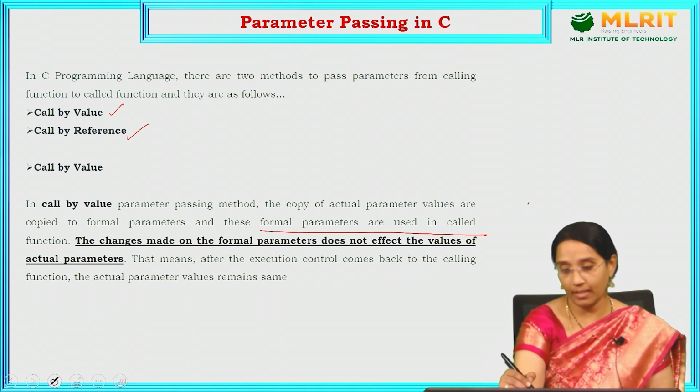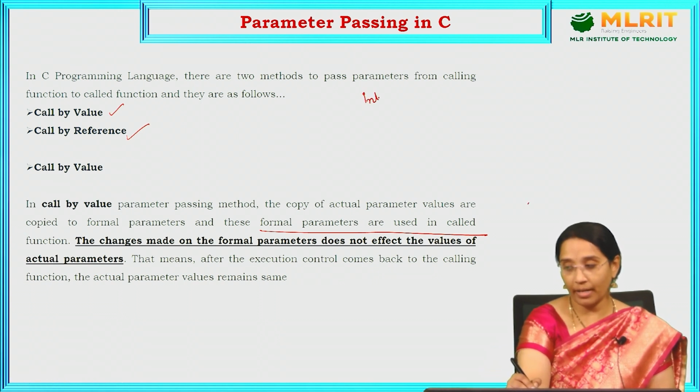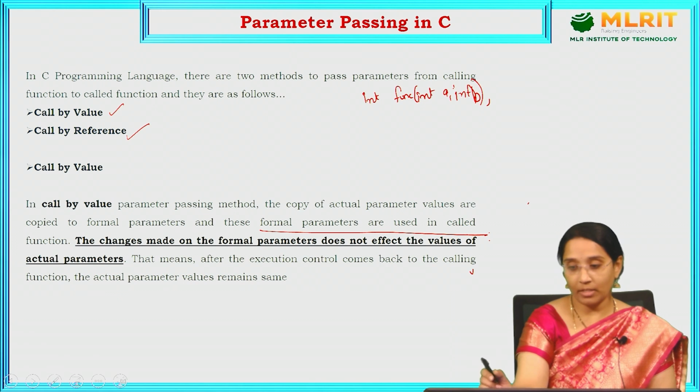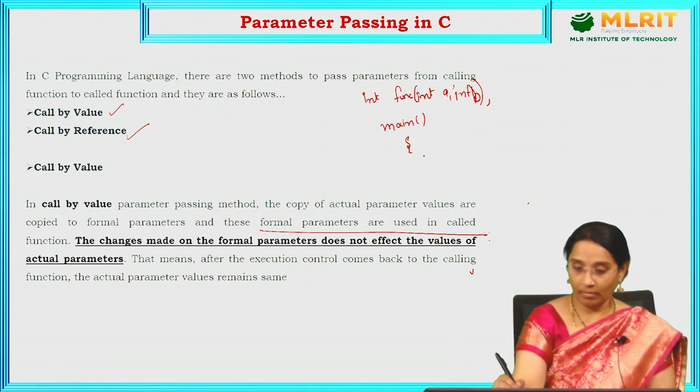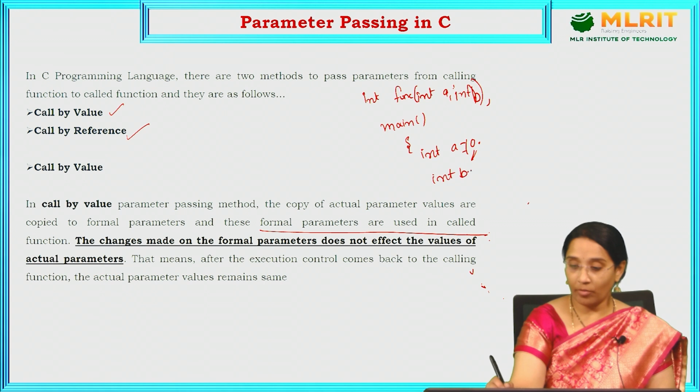Suppose take the example: I have taken the function named func with int a comma int b. In the main section, int a equal to 10, int b equal to 20.